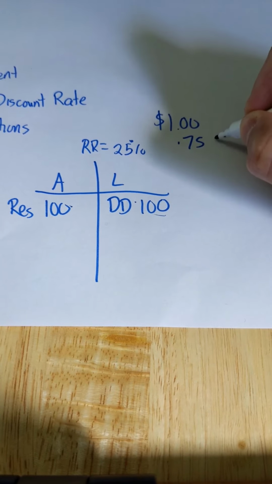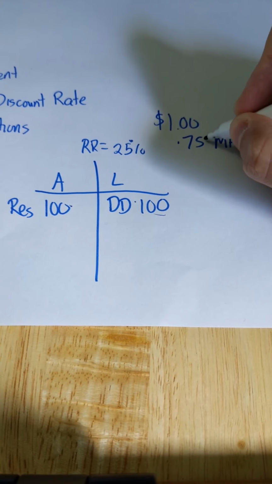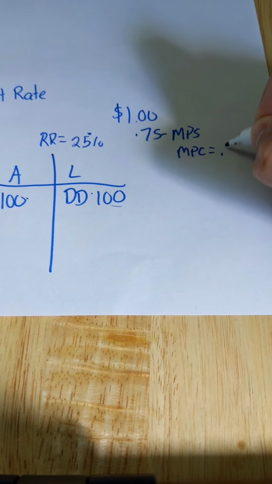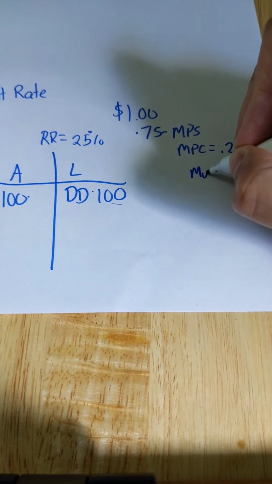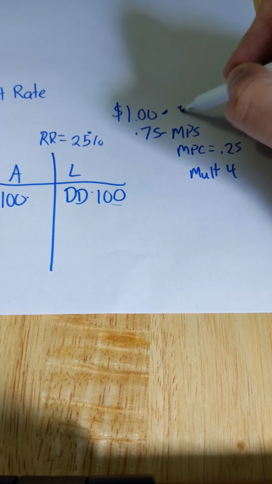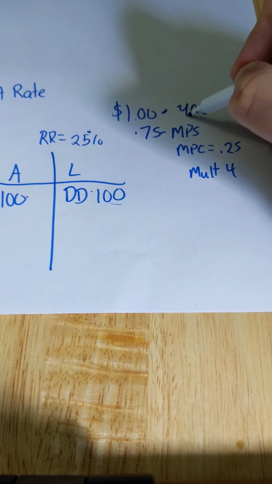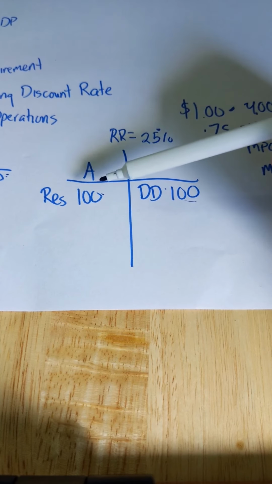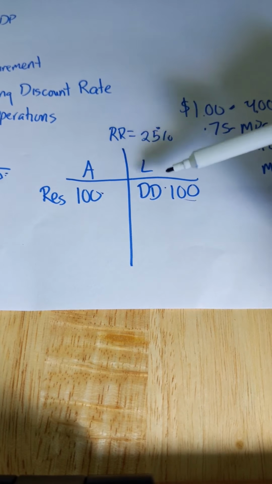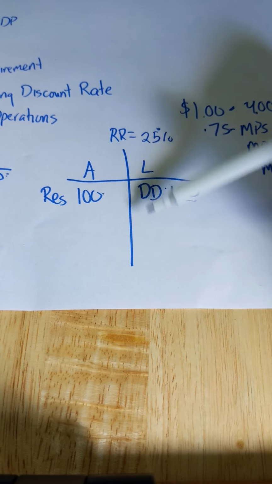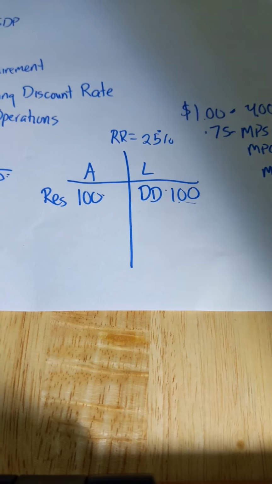That means the MPS and the MPC is 0.25, which makes the multiplier 4, and that'll turn this dollar into $4 of GDP. The same works here. If the bank can loan out 75% of whatever deposit they get, that'll turn into a money multiplier of 4, a change in the money supply. But that's a different video.